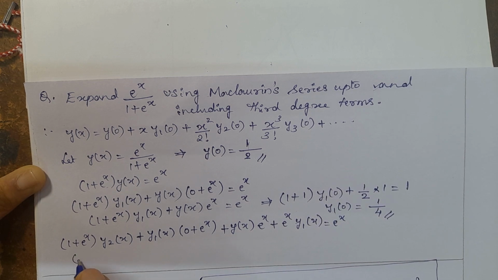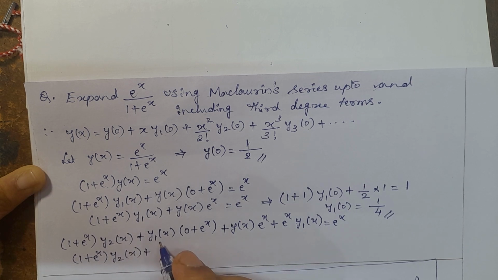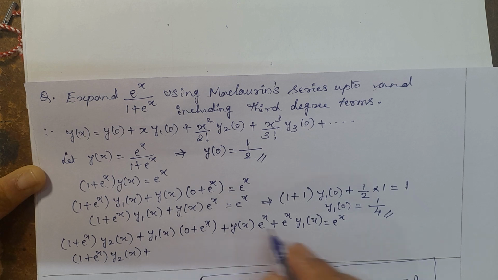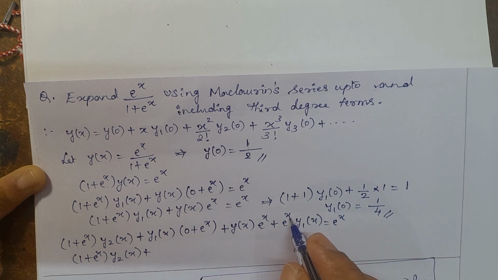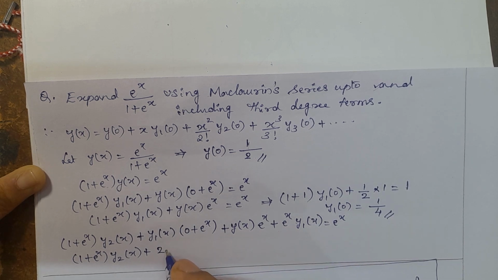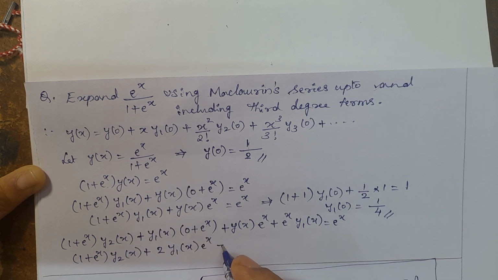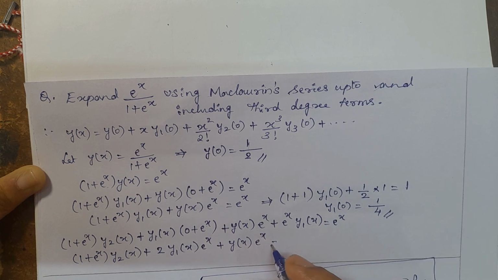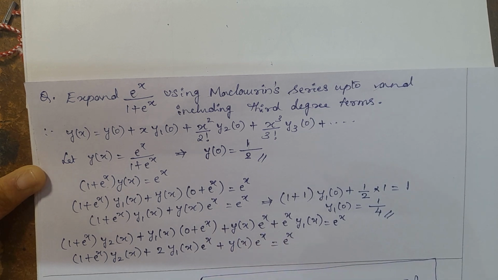Next 1 plus e power of x y2 of x plus y1 of x e power of x plus y1 of x e power of x. So that is 2 times y1 of x e power of x plus y of x e power of x equal to e power of x.